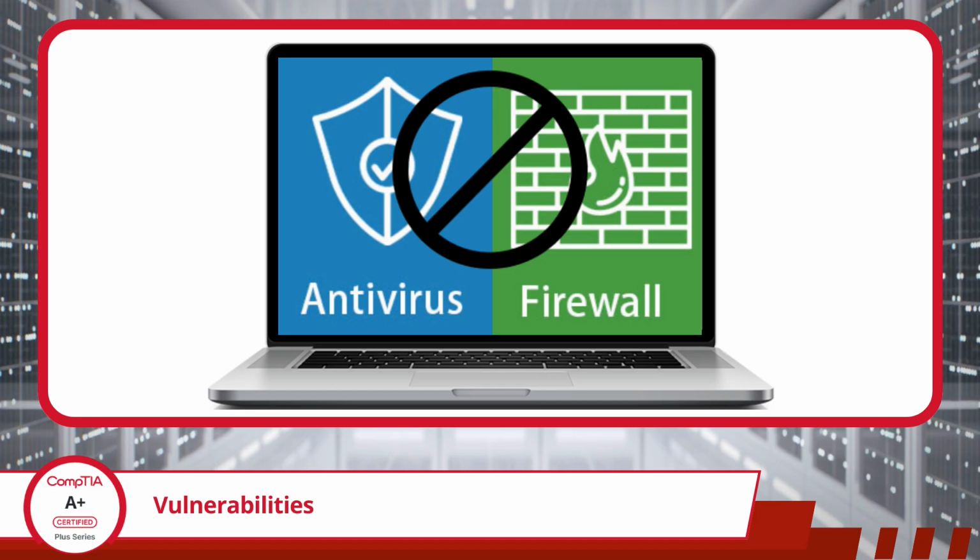On the other hand, a firewall acts as the gatekeeper for your network. It monitors incoming and outgoing traffic, deciding what's allowed to pass through based on predefined security rules. Without a firewall, your system is wide open to unauthorized access. Without both antivirus protection and a firewall in place, your system is vulnerable to everything from malware infections to hacking attempts.